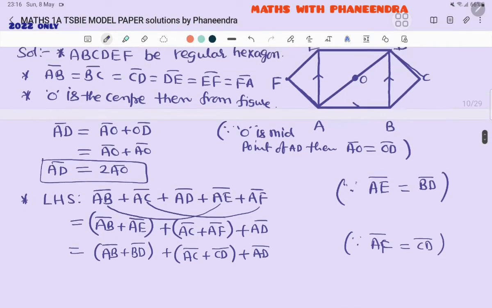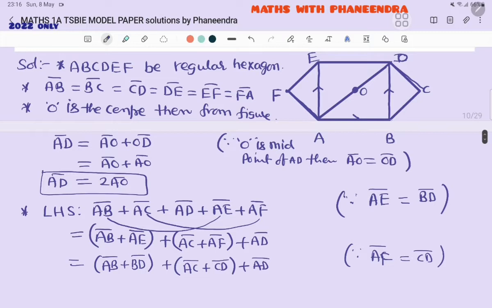By the triangular law of vectors, AB plus BD is equal to AD. It becomes AD. Plus again AC plus CD is equal to AD.